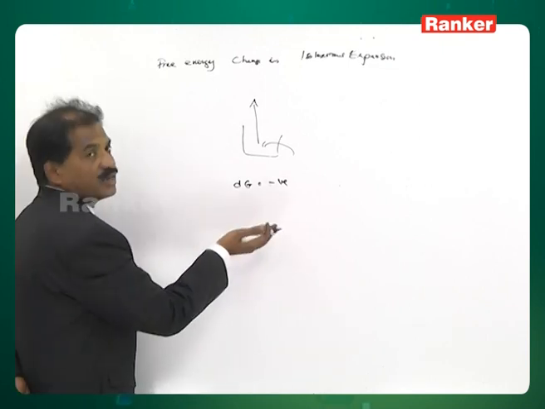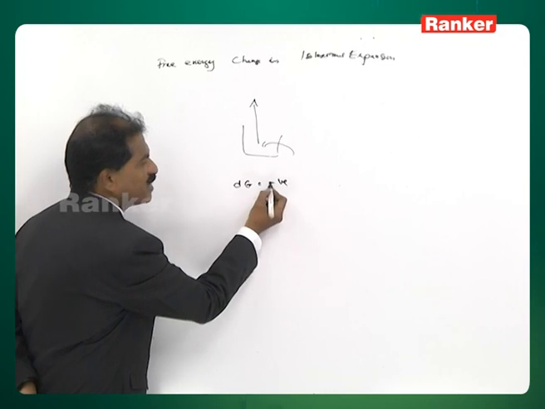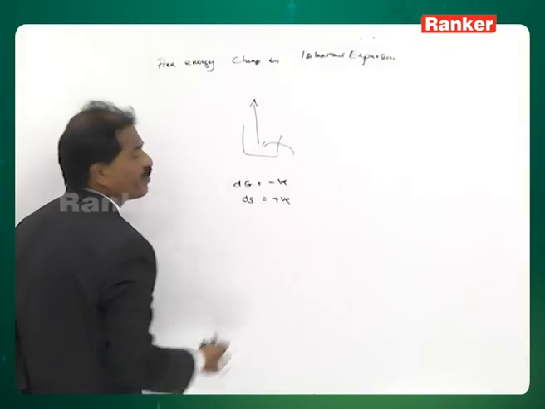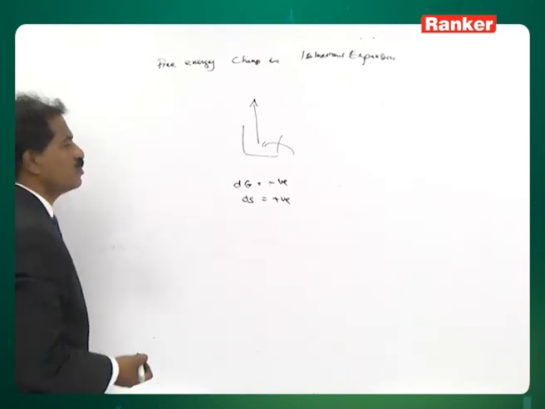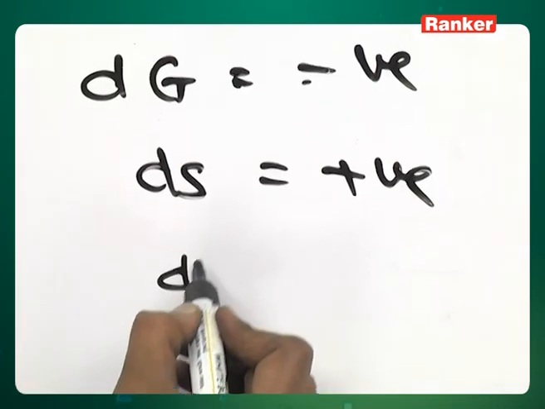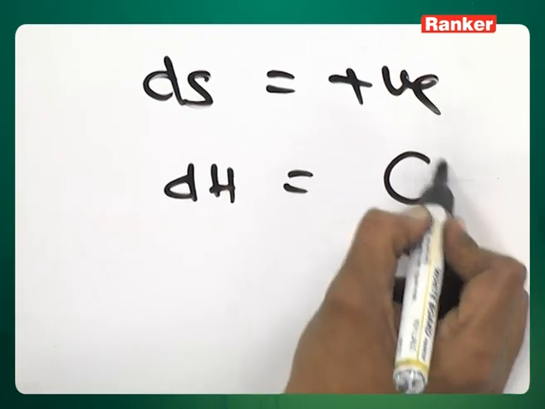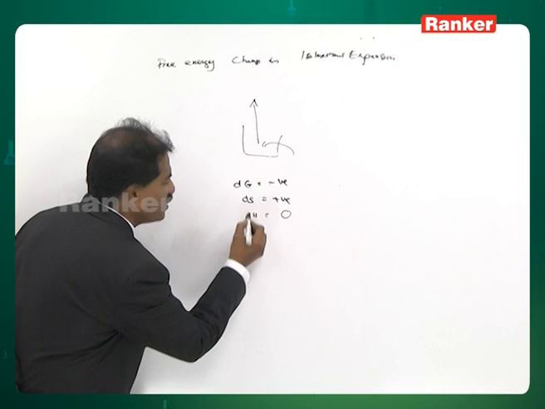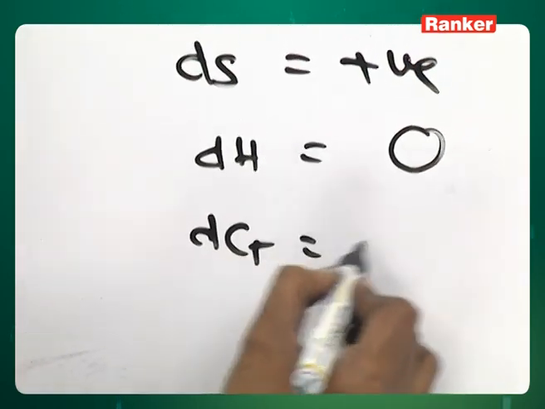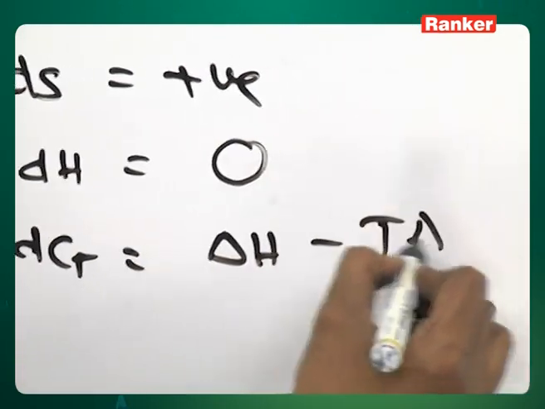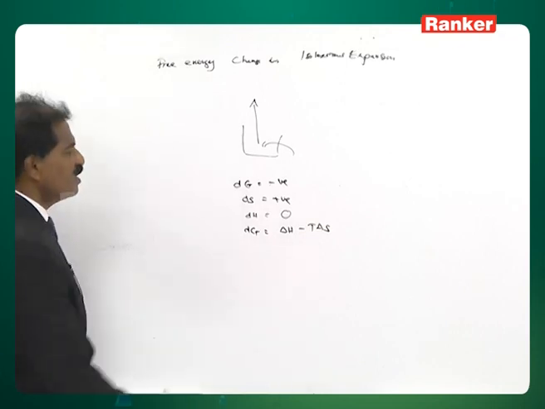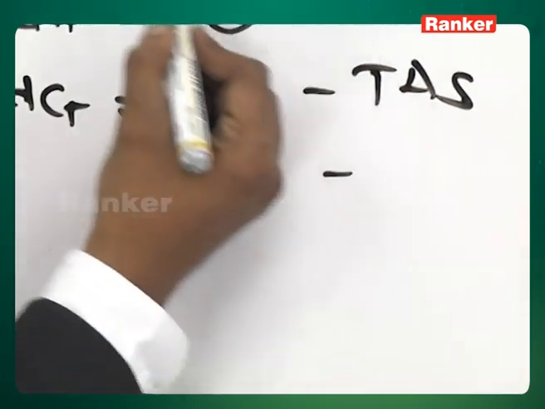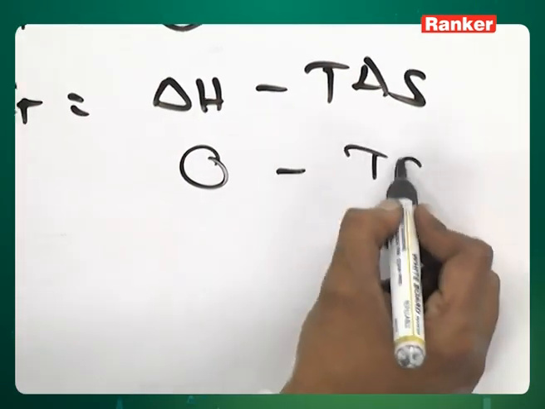Next, if the gas undergoes expansion, the entropy change will definitely become positive. Entropy change is positive. Already we have calculated that the enthalpy change is 0. Therefore, according to the Gibbs free energy expression, del G is equal to del H minus TdS. In the isothermal expansion, the del H term is 0. Next, del S is positive, so this is minus TdS.